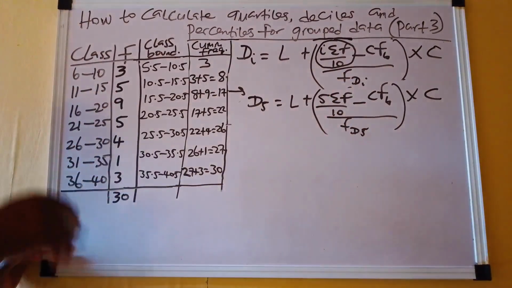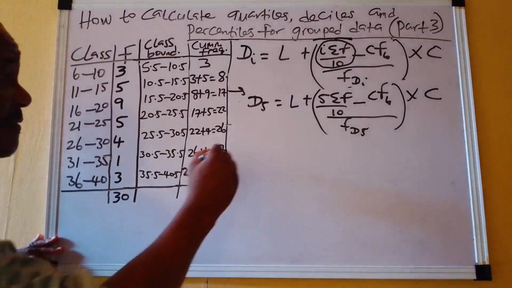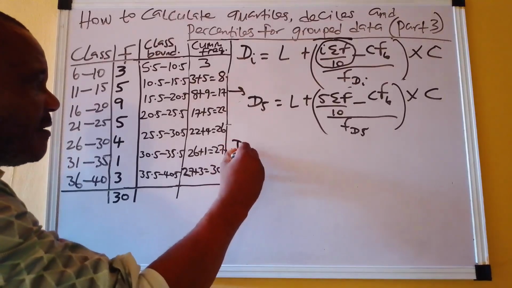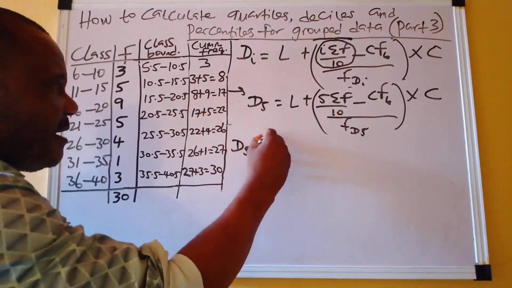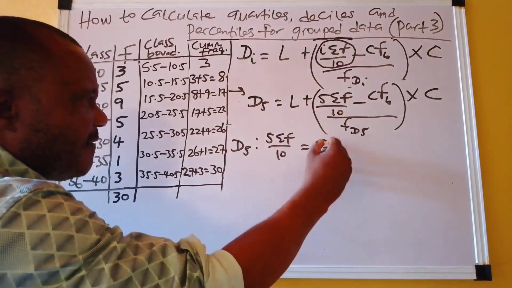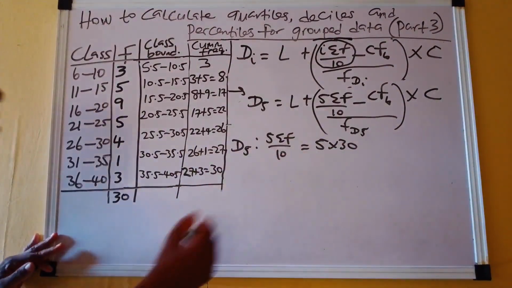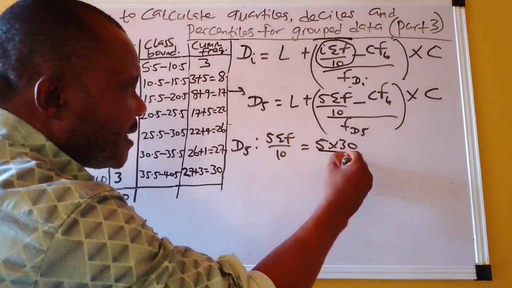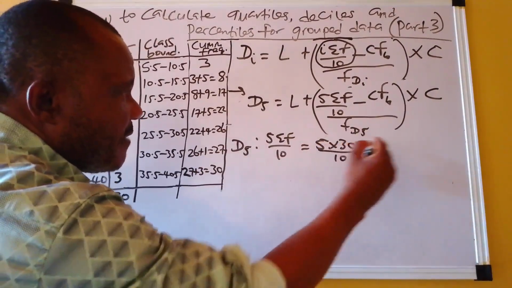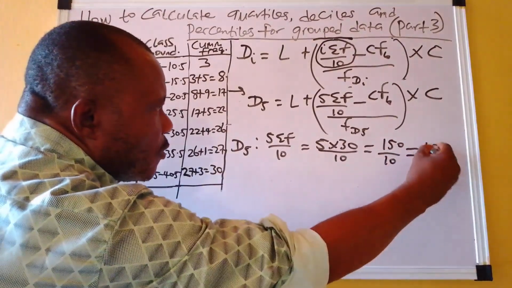So you have to determine the class before you calculate the value for the D5. So our D5, the determinant is 5 summation f all over 10, which is equal to 5 times 30. Remember, our summation f is 30, the sum of the frequencies, and that is all over 10. 5 times 30 is 150 all over 10. So this will be equal to 15.